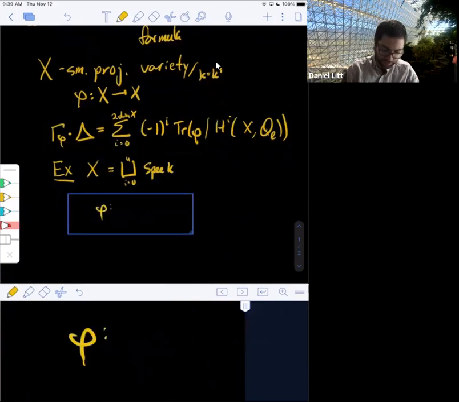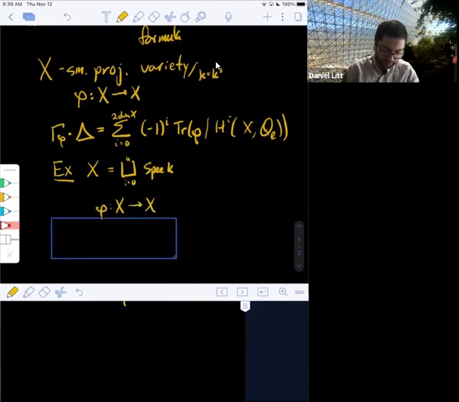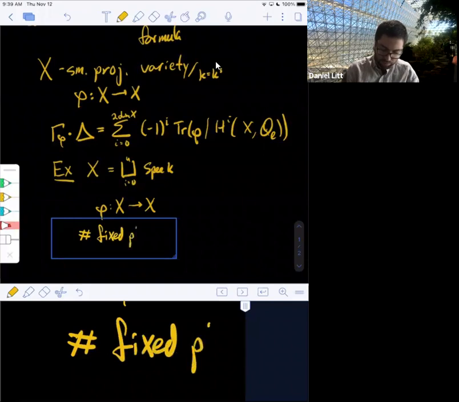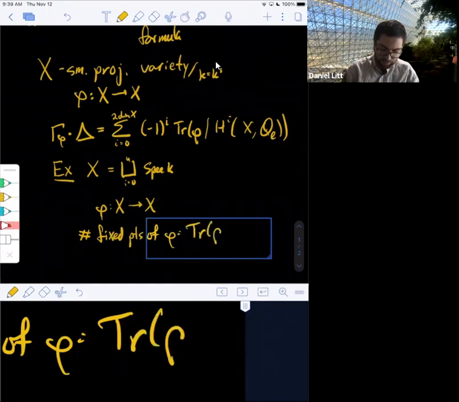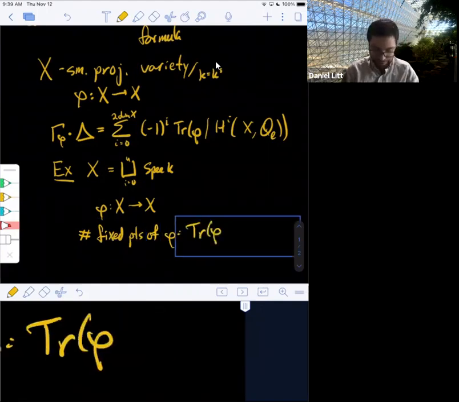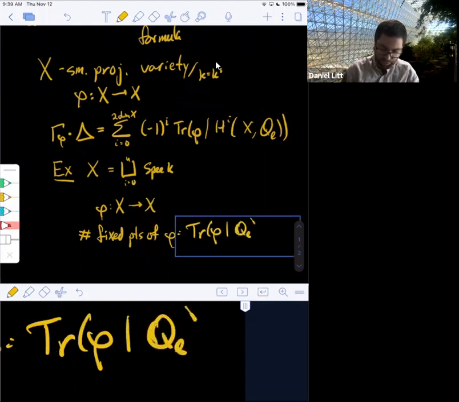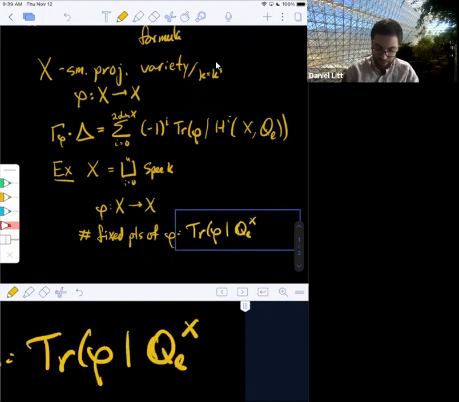So we have phi from X to X, and this is saying that the number of fixed points of phi is the trace of phi on H^0 of our finite set, which is just Q_l to the X, so functions on X with values in Q_l.